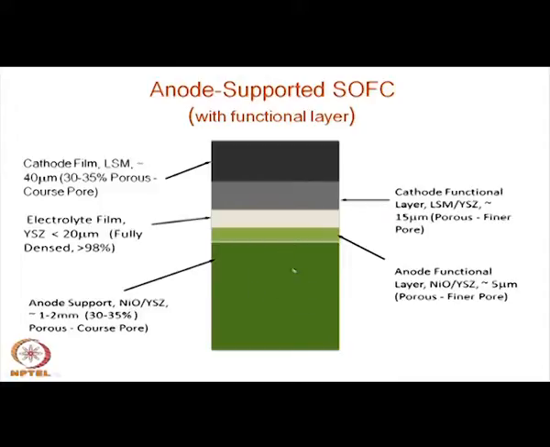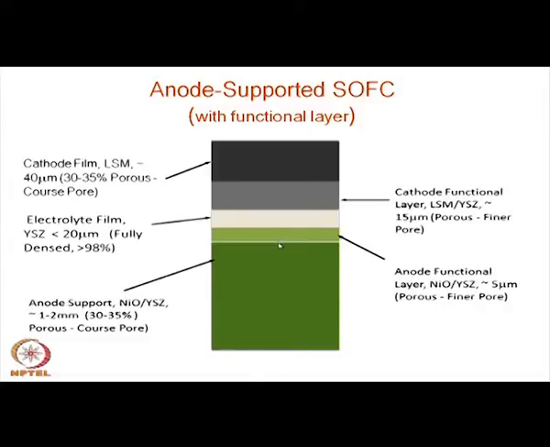The basic anode has a coarse pore, and then the anode functional layer, which is NiO YSZ. NiO is not that stable in presence of hydrogen, so under the reducing condition NiO will get reduced to Ni.